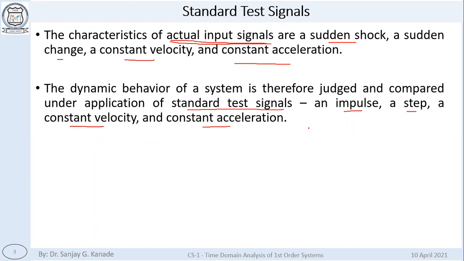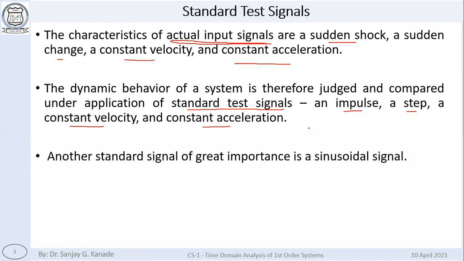We will first see each of these signals, how it is represented mathematically, how its graph looks, and I will also tell you an example of each. Another very important standard signal is the sinusoidal signal, meaning a sine wave.